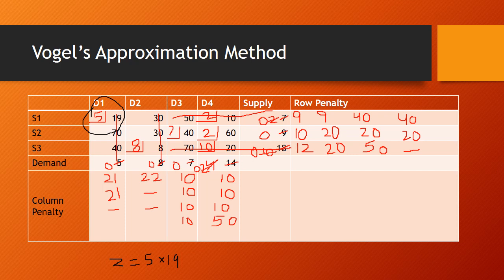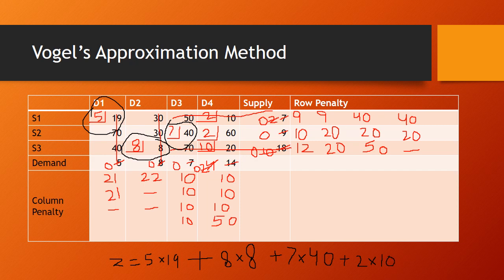Now coming to the next allocation, so this we will add, that is equal to 8 into 8. Now coming to here, which is 7 into 40. Similarly next, which is 2 into 10.